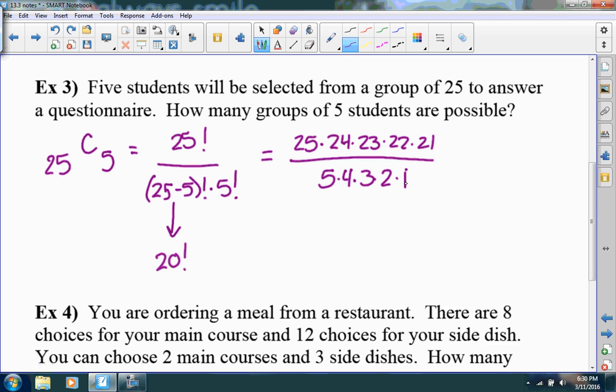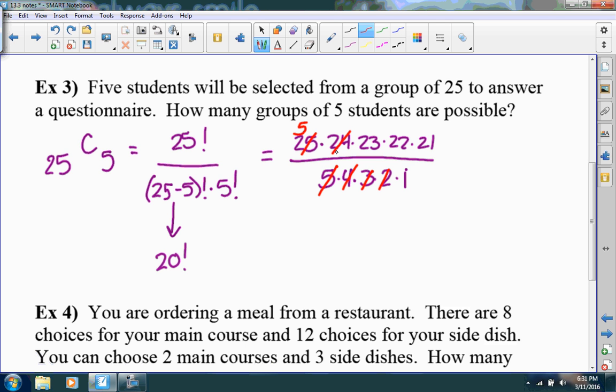Okay, so now I can cancel some stuff here. The 5, let me switch colors. The 5 will go into the 25 5 times. And the 4 times the 3 times the 2, 4 times 3, that's 12, times 2 is 24. So I can cancel the 4 and the 3 and the 2 with the 24.